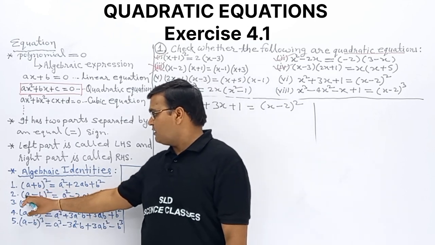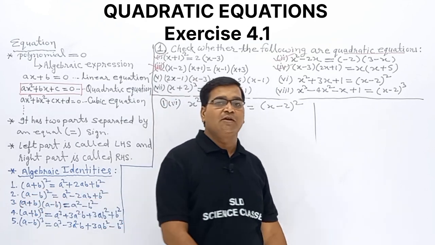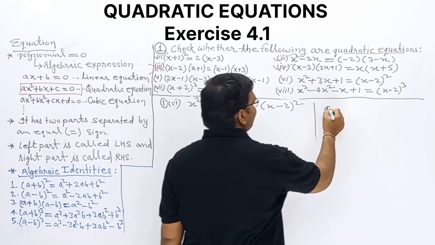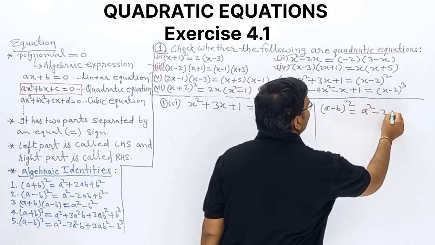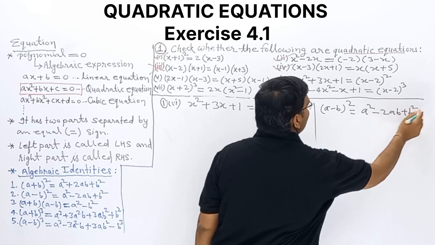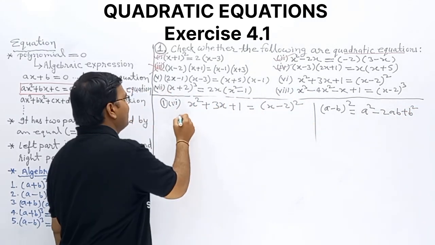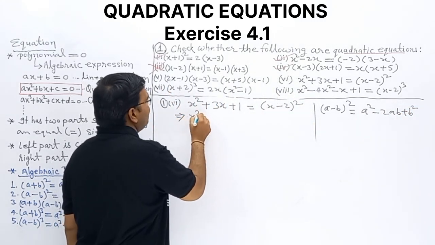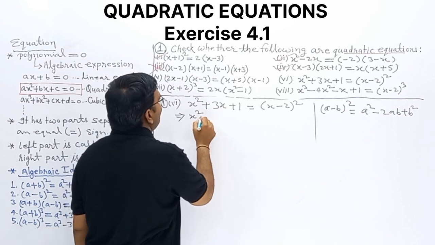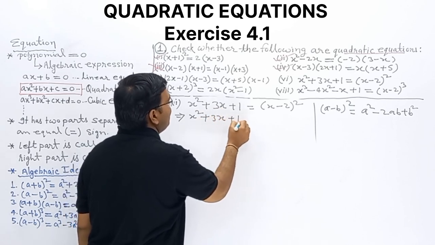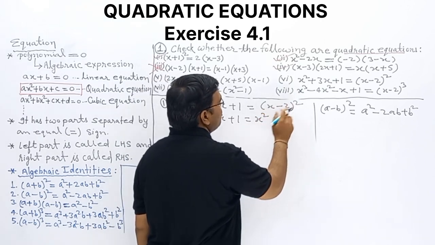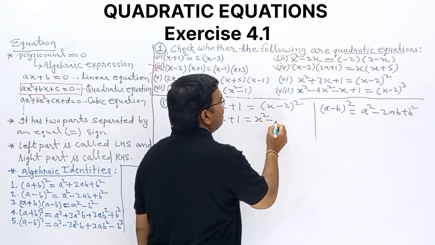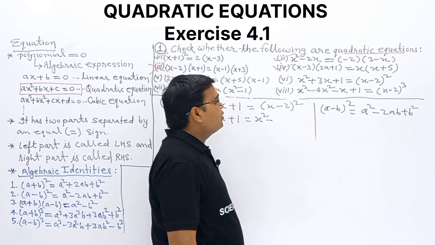What identity we require? a minus b whole square. What is the a minus b whole square? a minus b whole square will be a square minus 2ab plus b square. We use this one there. No change in the left hand. x square plus 3x plus 1 equal to x minus 2 whole square will be x square minus 2 times of ab.